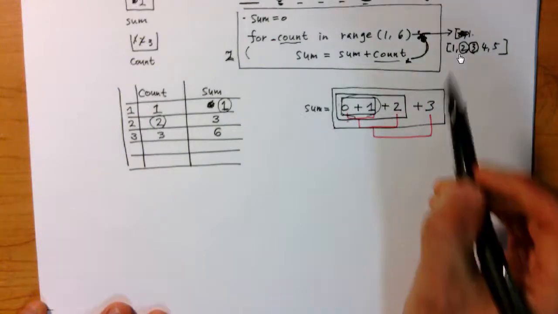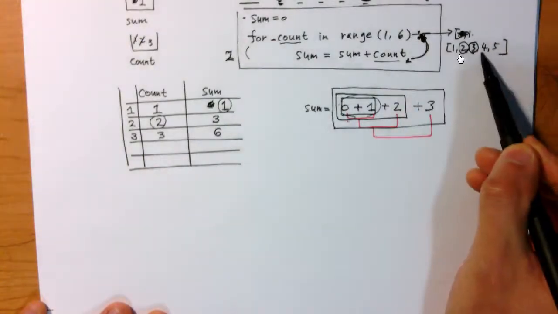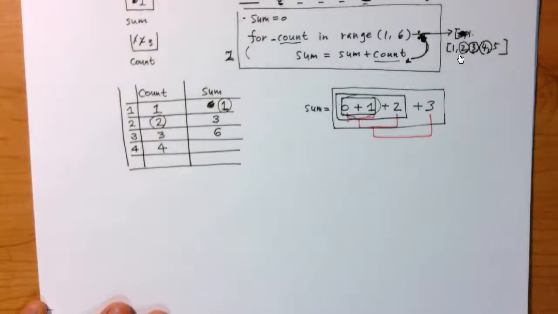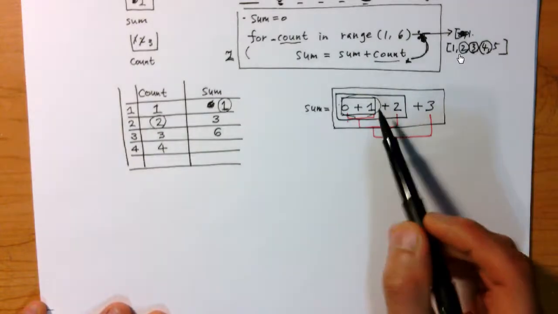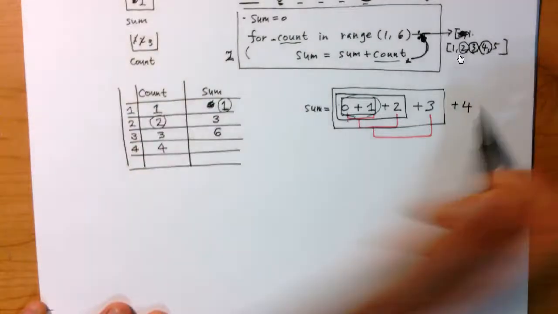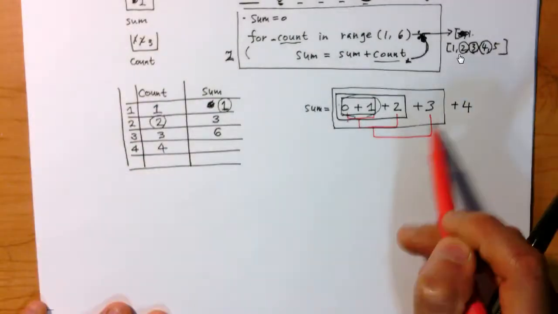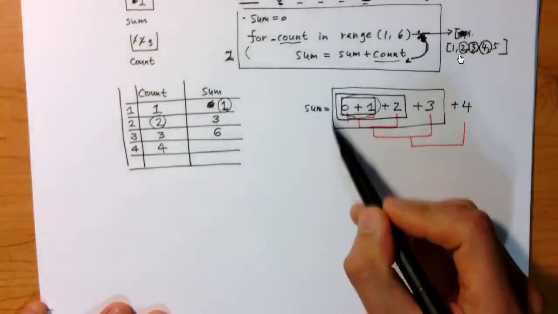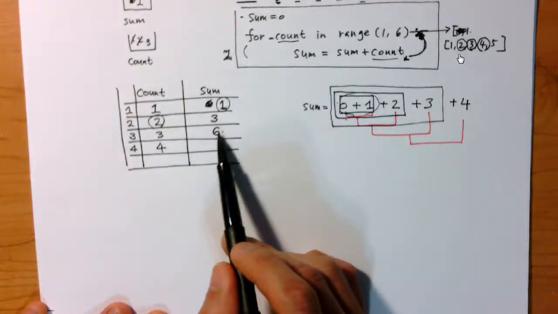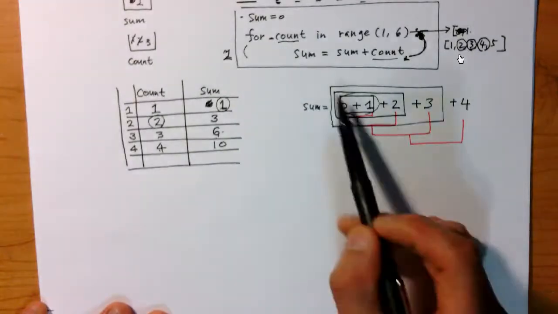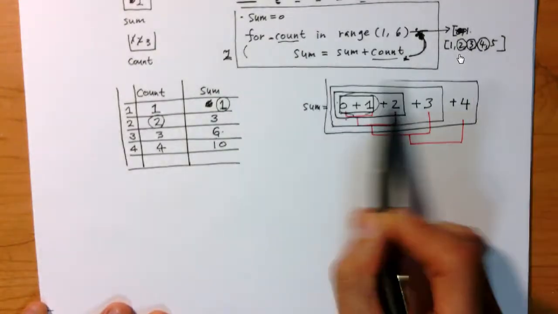And then in the fourth iteration, the count value becomes 4, right? And then my sum is what? So in my fourth iteration, count is 4. So everything plus 4. This is my old sum, which is 6. So 6 plus 4 is 10. Up to this point, my sum value is 10.